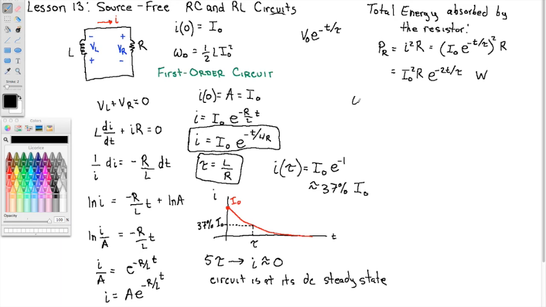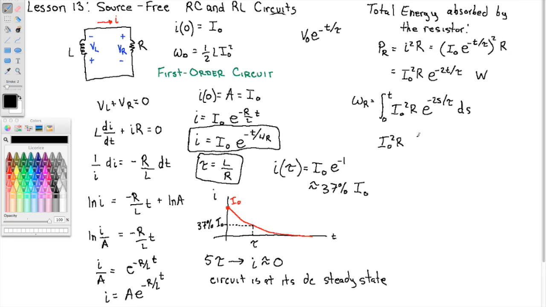If I want the energy absorbed by that resistor, then I need to integrate from our reference point, which was t equals 0, to the time right now. I0 squared R, e to the negative 2, and we'll change this to s, ds. s is the dummy variable of integration. So I move the constants out and integrate.